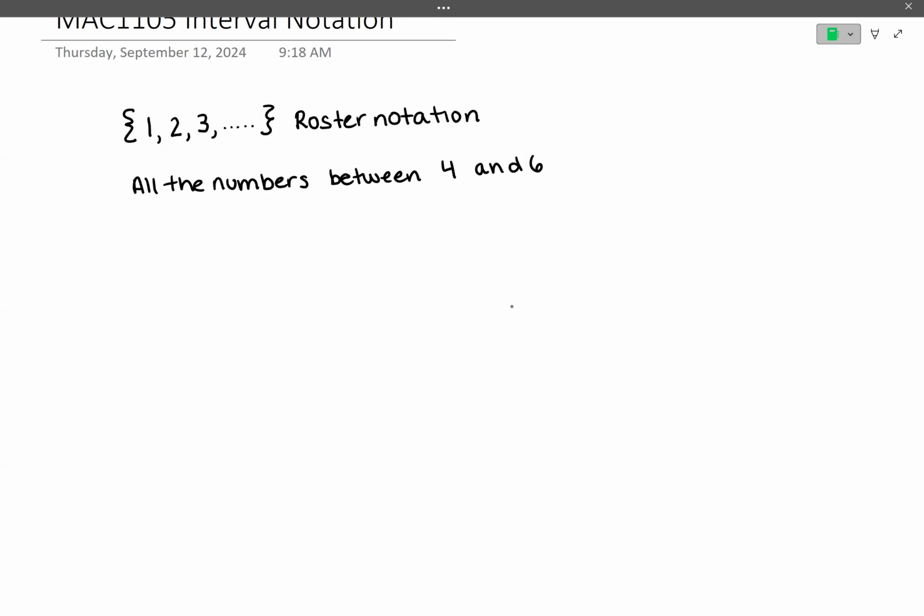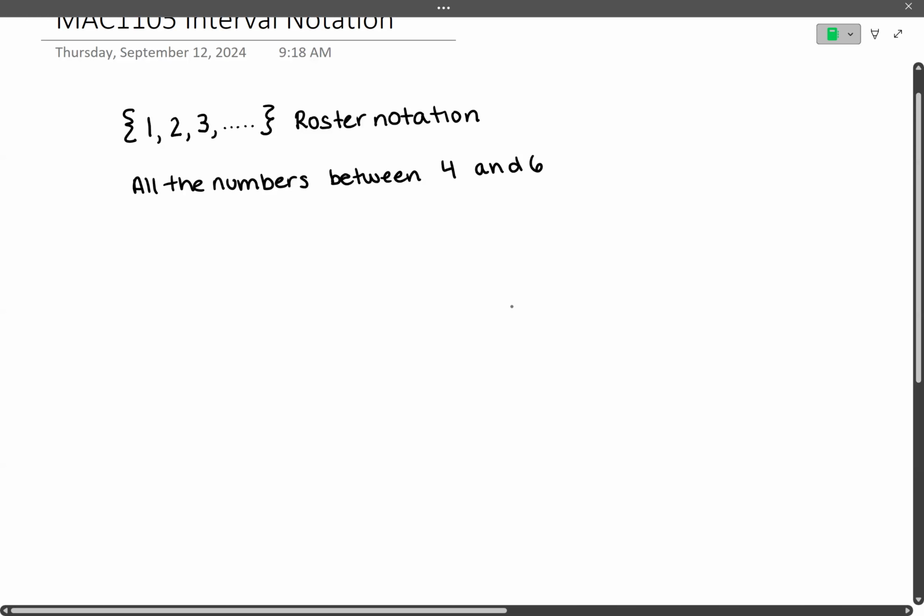So we can use what's called the set builder notation, where you're saying, hey, guys, we can use any number x as long as x falls in between 4 and 6. So the way we would write that is the set of all x such that. Now that bar is read out loud as "such that."